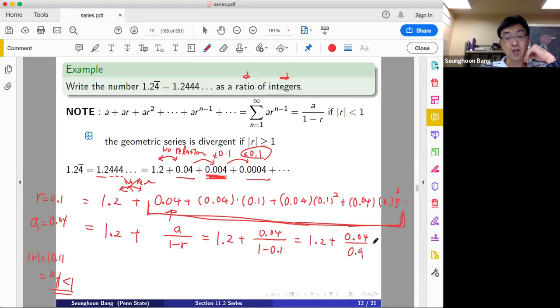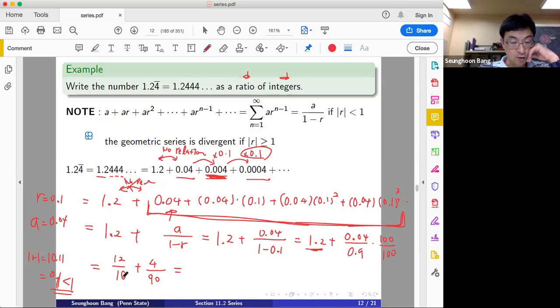How can you do that? Multiply the top one and the bottom one by 100. So 1.2 is the same as 12 over 10, plus 100 times 0.04 is just 4, and 0.9 times 100 is 90.